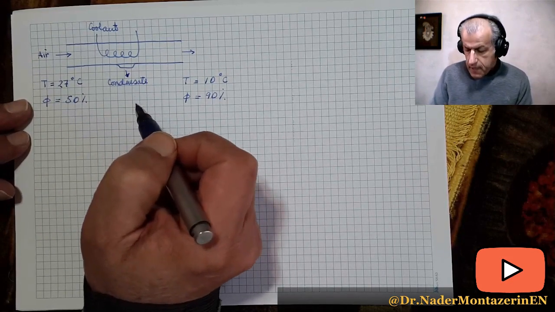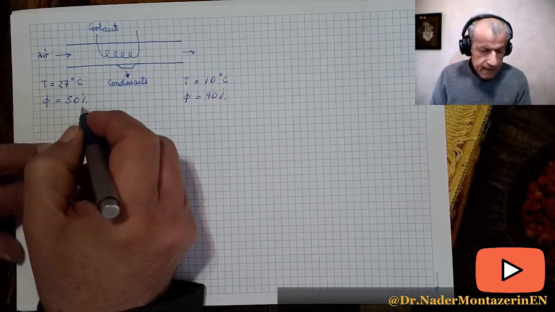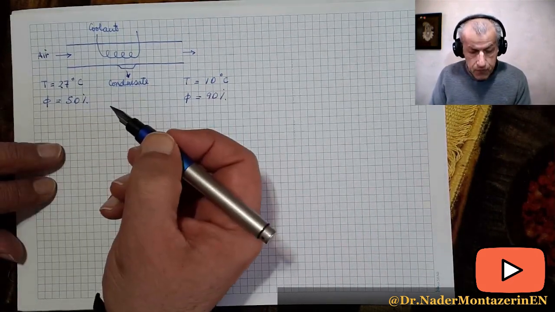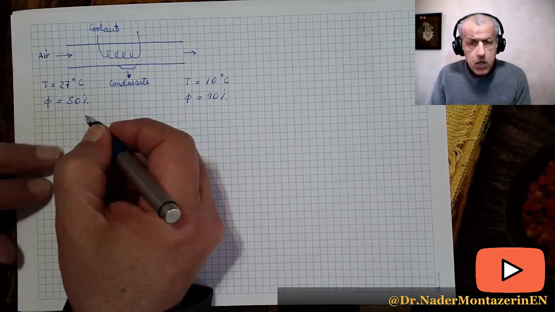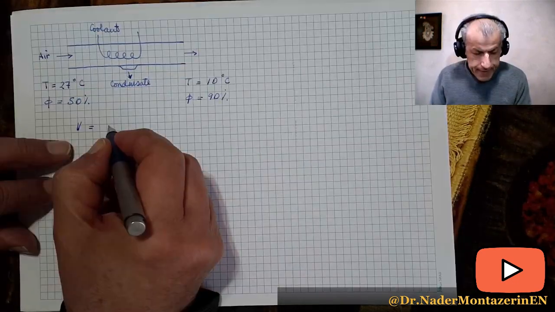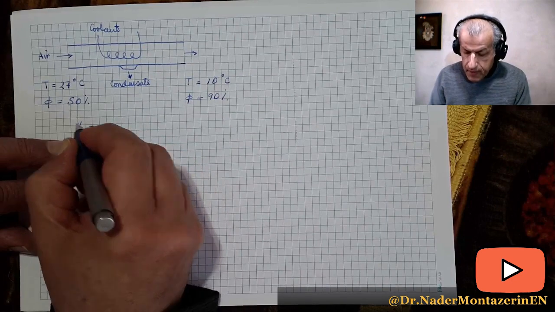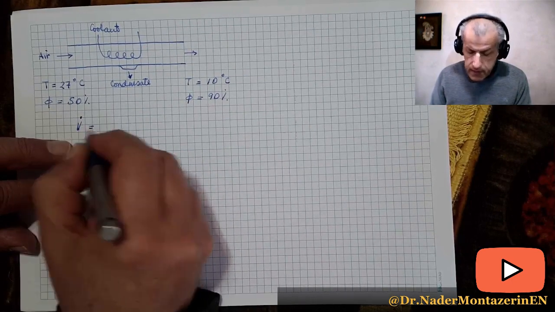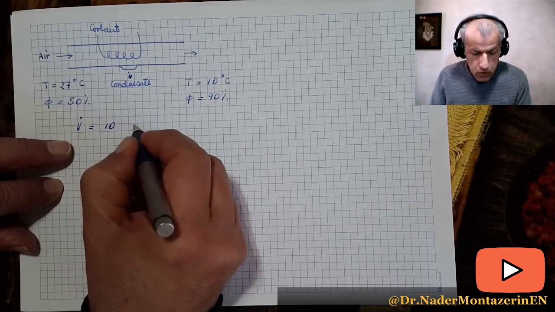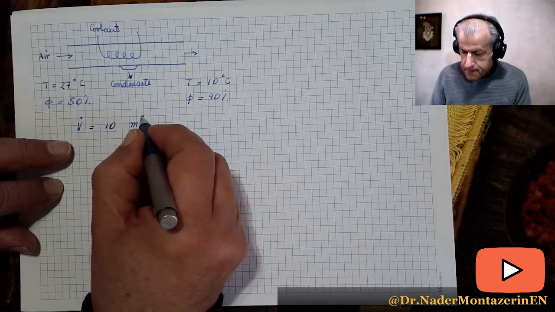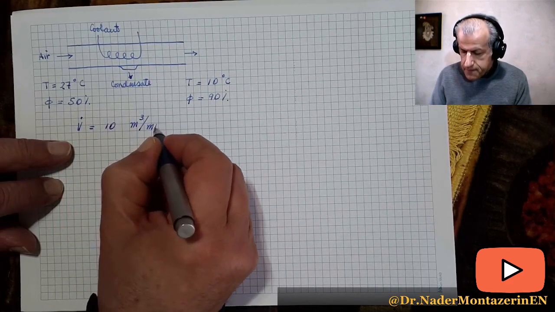Now, the problem tells us that we have a room, an enclosure, where the volume flow rate is 10 cubic meters per minute.